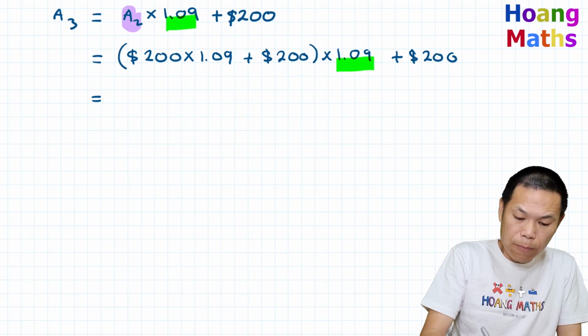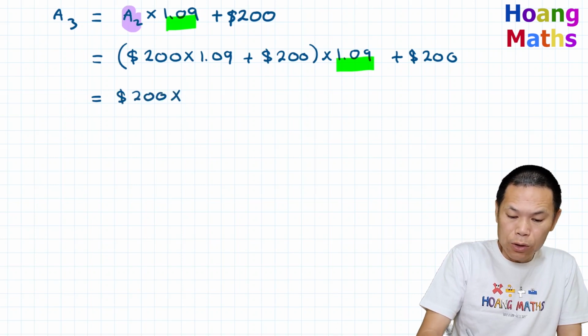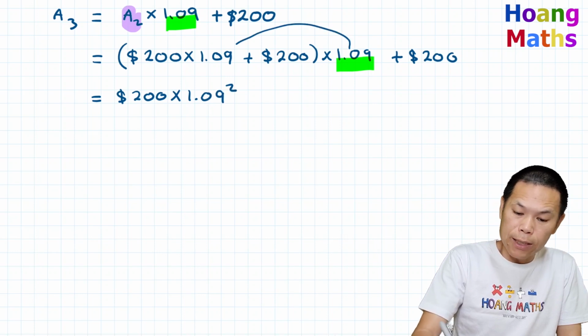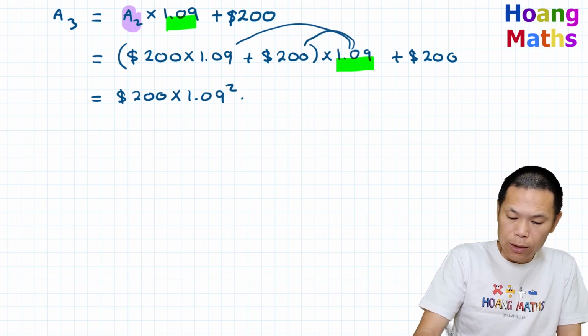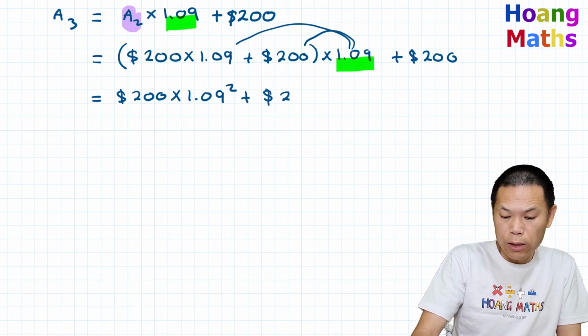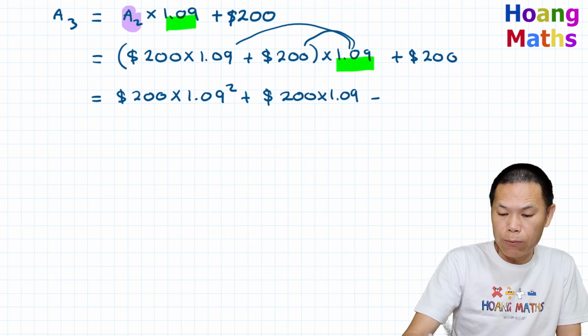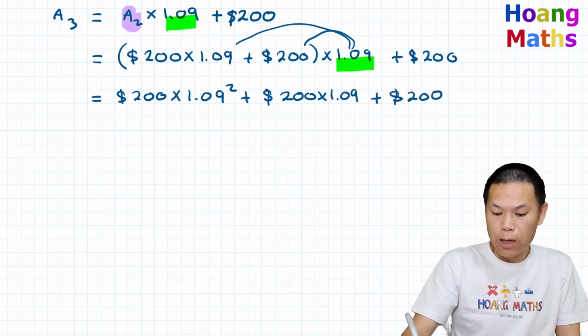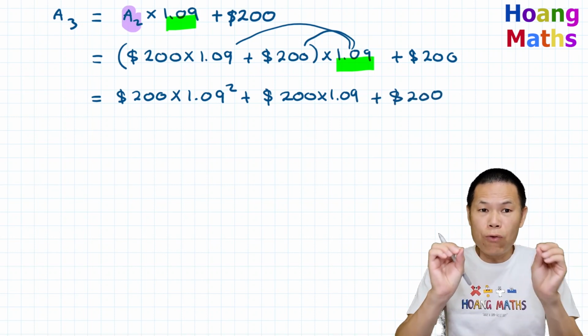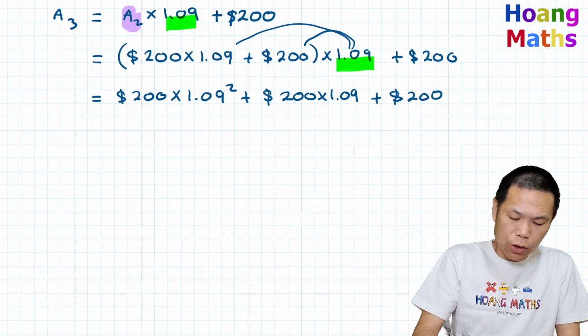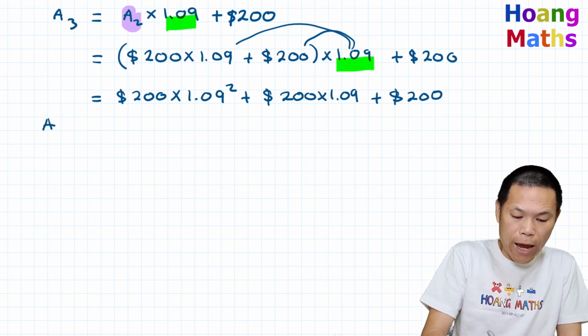That will give me 200 times 1.09 squared, because this times that and this times that. So we add 200 times 1.09 and we add 200. So there you go. Let me just rewrite it in ascending order, so it makes it easier. You don't have to, it's just easier, that's all.